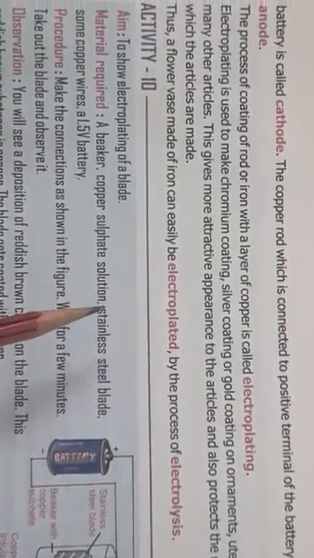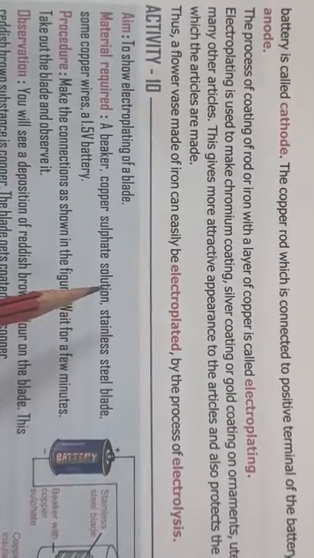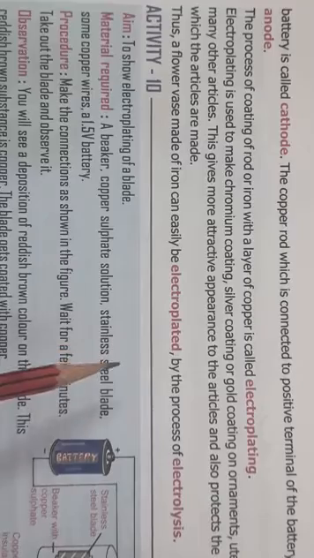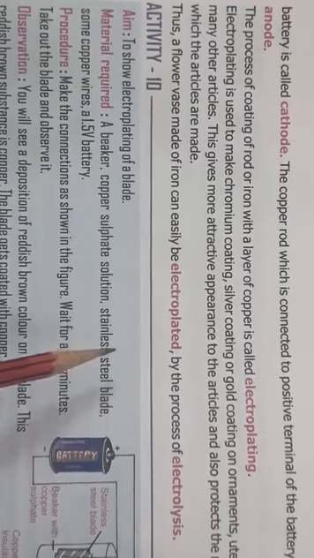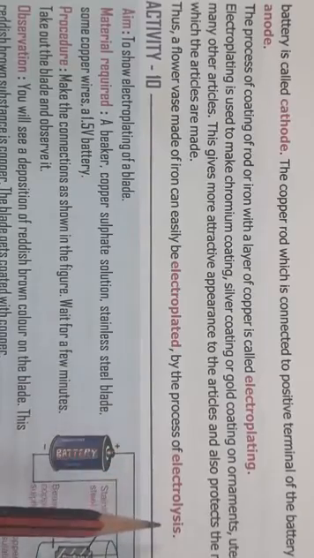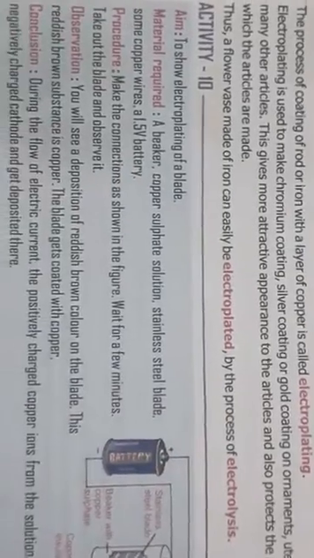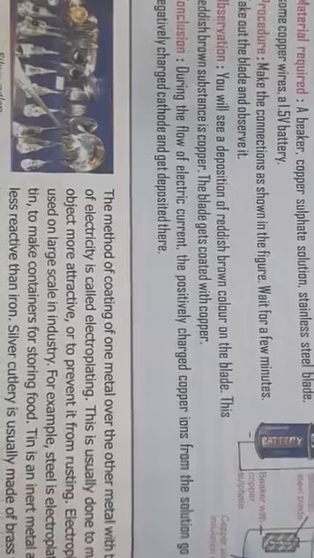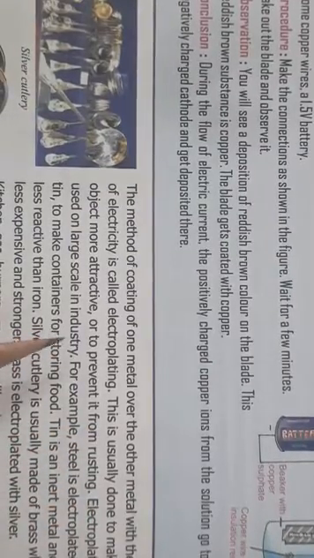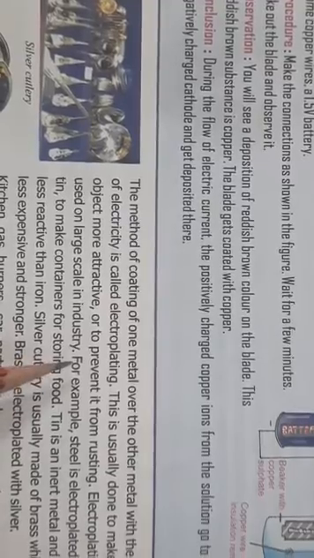If they are made of iron, it will prevent corrosion. You can see nowadays flower vases and different items made of iron are all electroplated by the process of electrolysis.